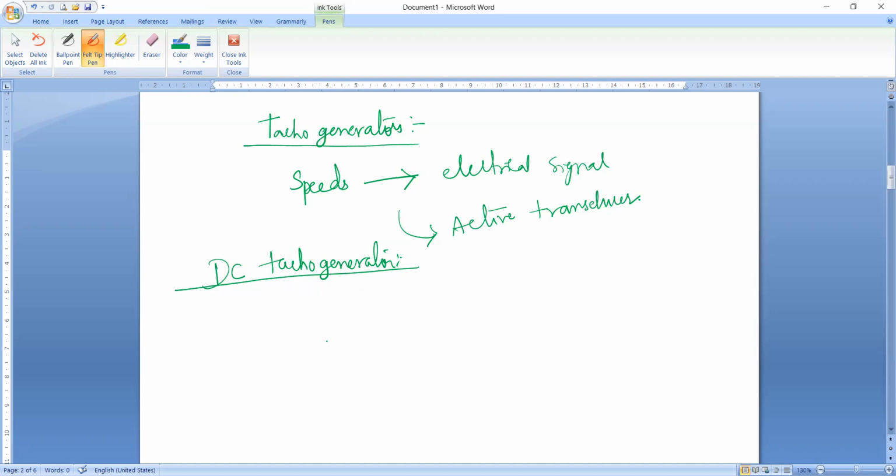The EMF is given by the relation E = phi Z N P / 60A, where phi is the magnetic flux, P is the number of poles, A is the number of parallel paths in the armature windings, N is the revolutions per minute, and Z is the number of armature conductors. This is the same as a DC generator, and the DC tacho generator is similarly the same as a DC generator.